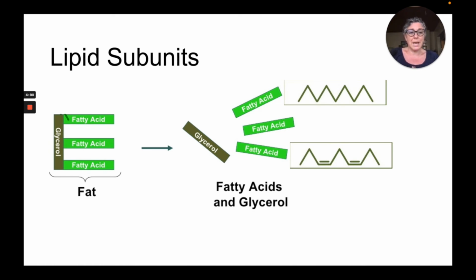Remember, saturated means that every carbon has a hydrogen chemically bonded to it, and an unsaturated fatty acid tail would have fewer hydrogens bonded to carbons because there are double bonds that exist between some of the carbons in that chain.